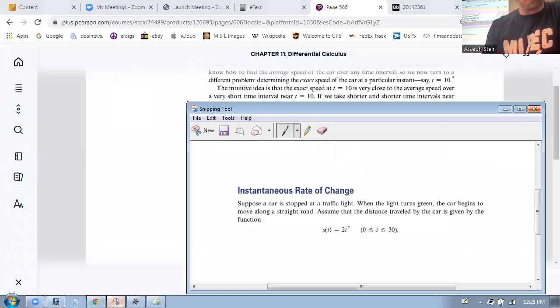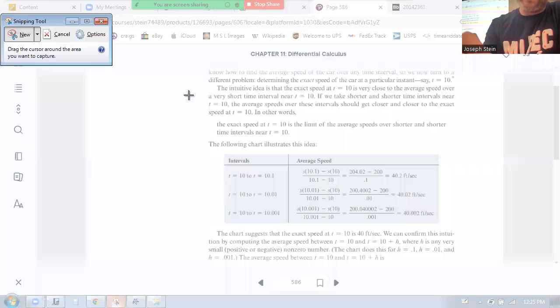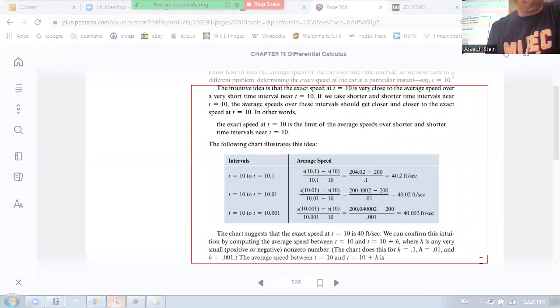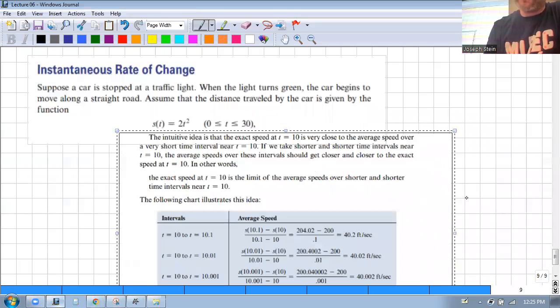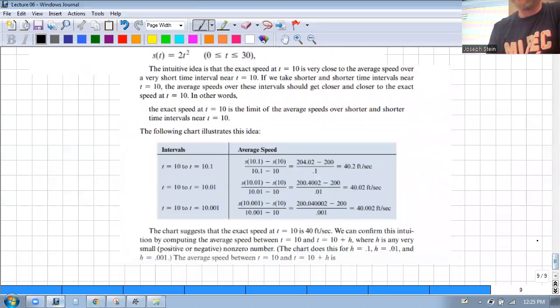So what they do here is they just give us this chart, basically. Y'all read that okay? They want to know at 10 seconds, what's the instantaneous speed at 10 seconds? Well, what we do is we look at the average speed from 10 to 10.1 seconds.